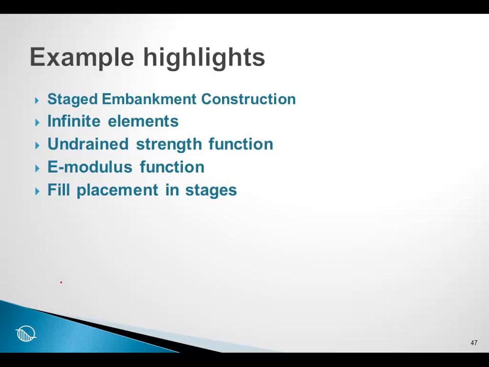In most soft soil sediments, the undrained strength tends to increase with depth, and the reason for that is that at greater depths down here, there's a higher overburden stress. The soil is consolidated to a higher stress level, and consequently therefore has a higher undrained strength at depth than near the ground surface.